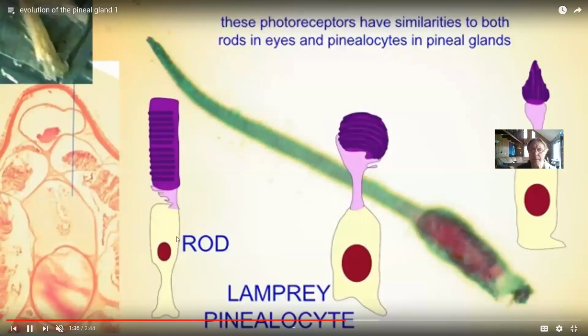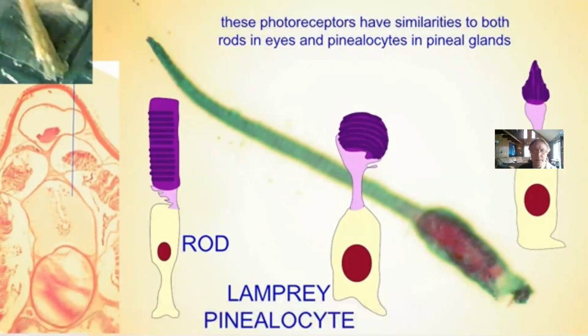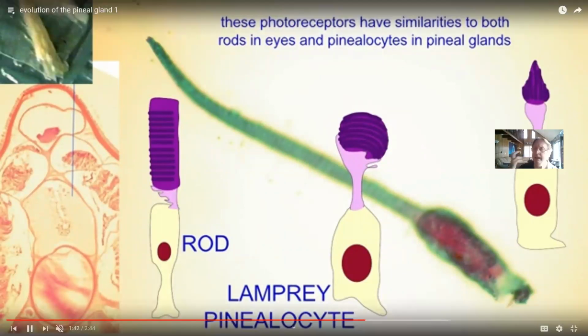And the first cells to detect light were in the brain. Before there was a prominent eye in the vertebrate, in the chordate lineage, the brain detected light. Now, part of the brain then pushed forward and became the retina. But then part of the brain, the pineal gland, remained detecting light.